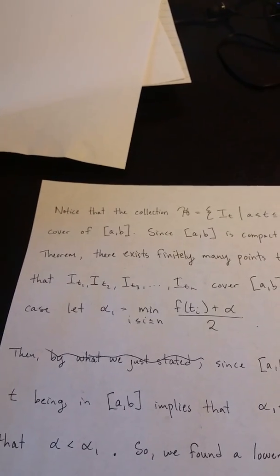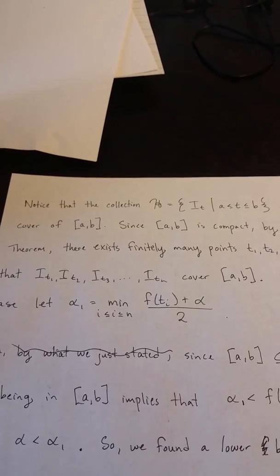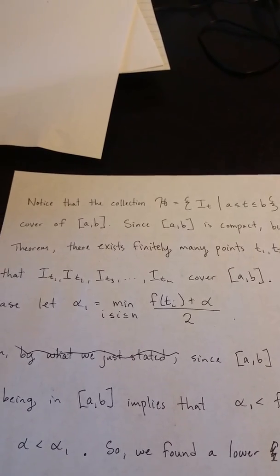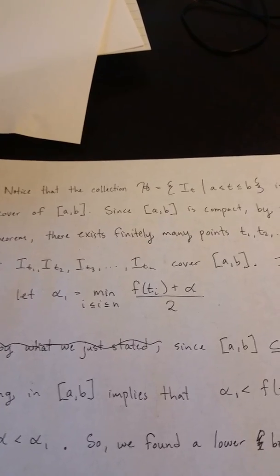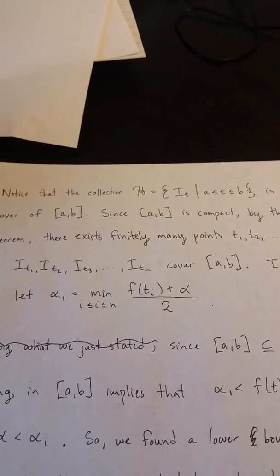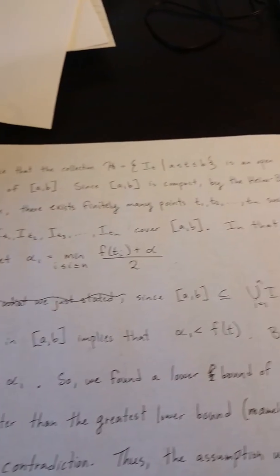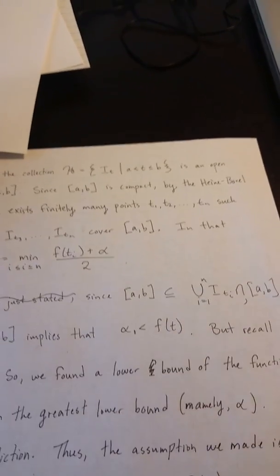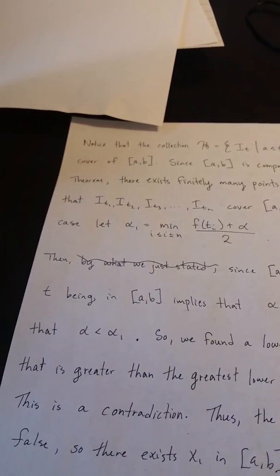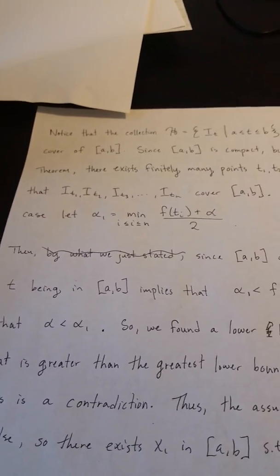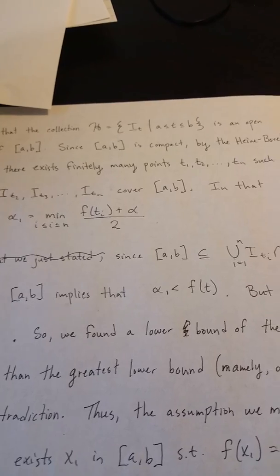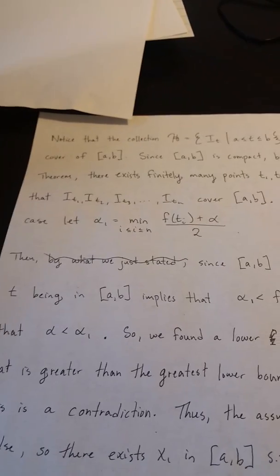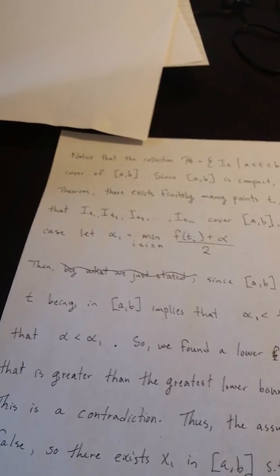Since there are finitely many, we know there's a minimum. Let alpha 1 be equal to the minimum of all those (f(t_i) + alpha)/2, which are just all those averages. Then since [a, b] is contained in the union of all those intervals, t being in [a, b] implies that alpha 1 is less than the value of the function at t, and that's because we're using that fact from before.